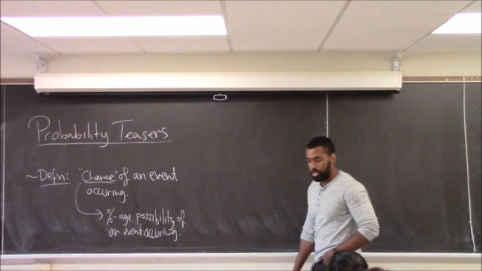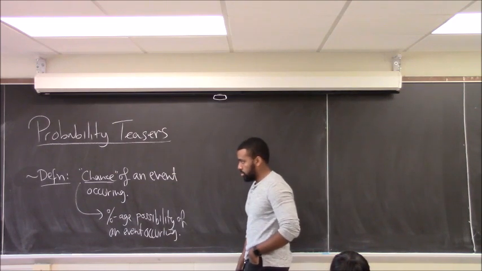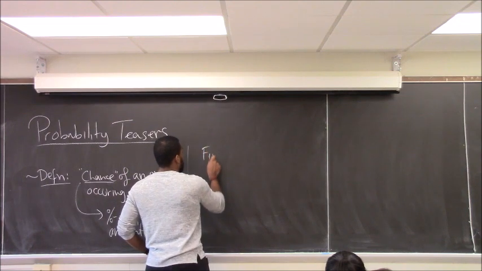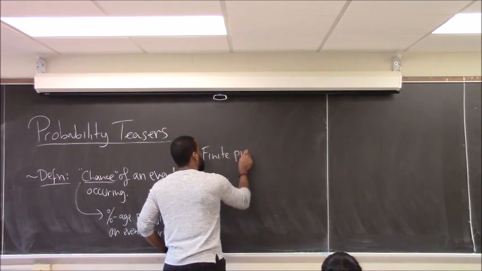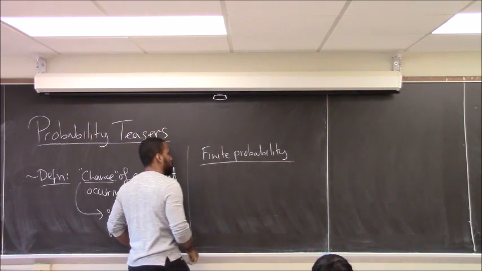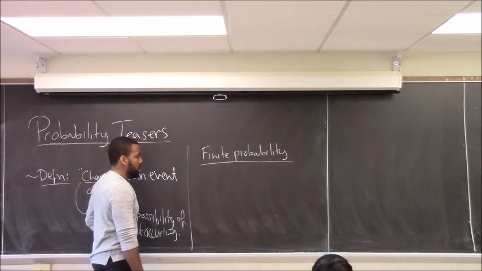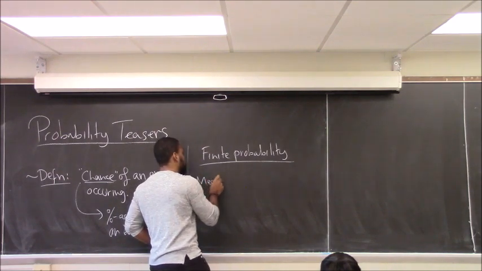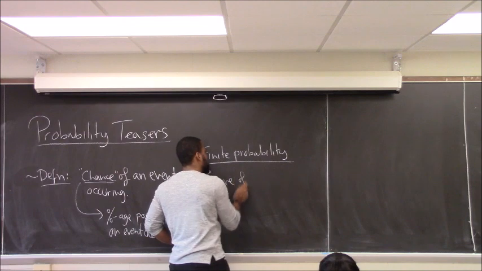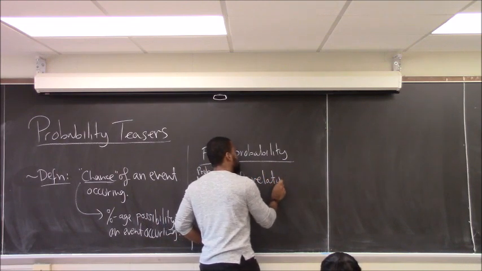The amount of times it actually happens divided by n total trials. Okay, so for finite probability, there's a difference. There's probability where we're looking at infinite sets, but we're talking about finite probability. Yeah, you want to say it's a measure of probability. What we call it is a measure of relative frequency.